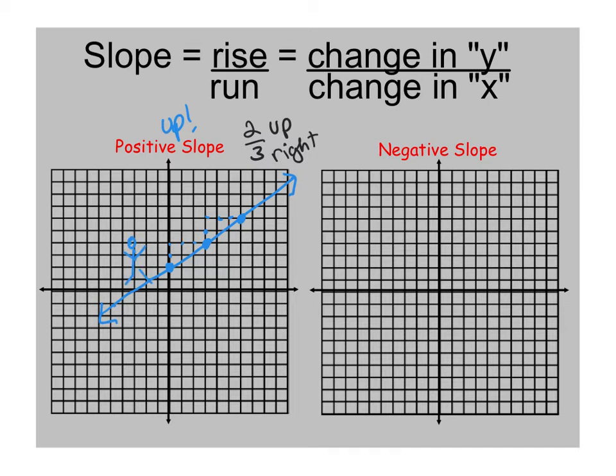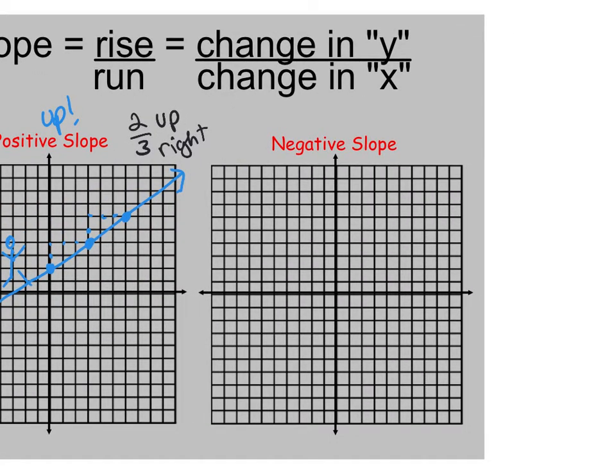It's going up. A negative slope means that the way you read it, if it were negative 2/3, that means you're going down. But you are always running right. So I'm going to start from that same point. If I started at 2, if I went down 2 to the right 3, you can see the difference in the lines.